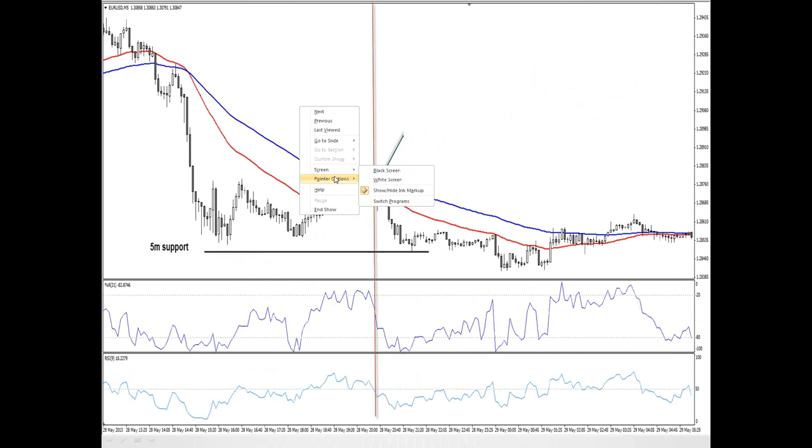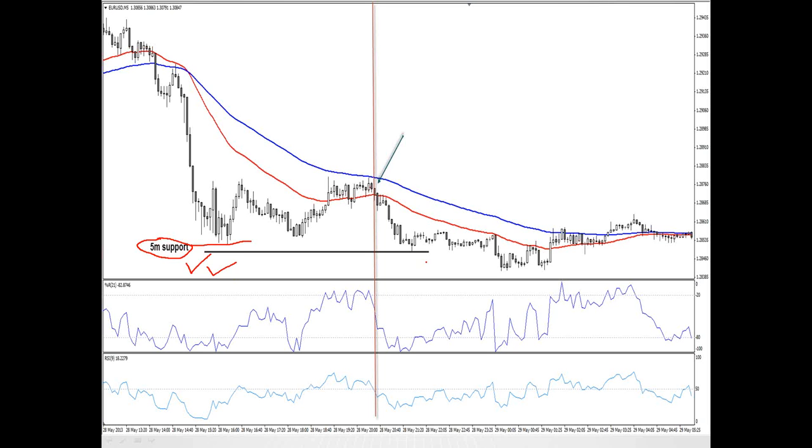Okay, first we determine 5-minute or 1 hour support. This is 5-minute support. But an indicator, which is called hourly pivot points, also shows 5-minute and 1 hour support. So this is support and it's been established.